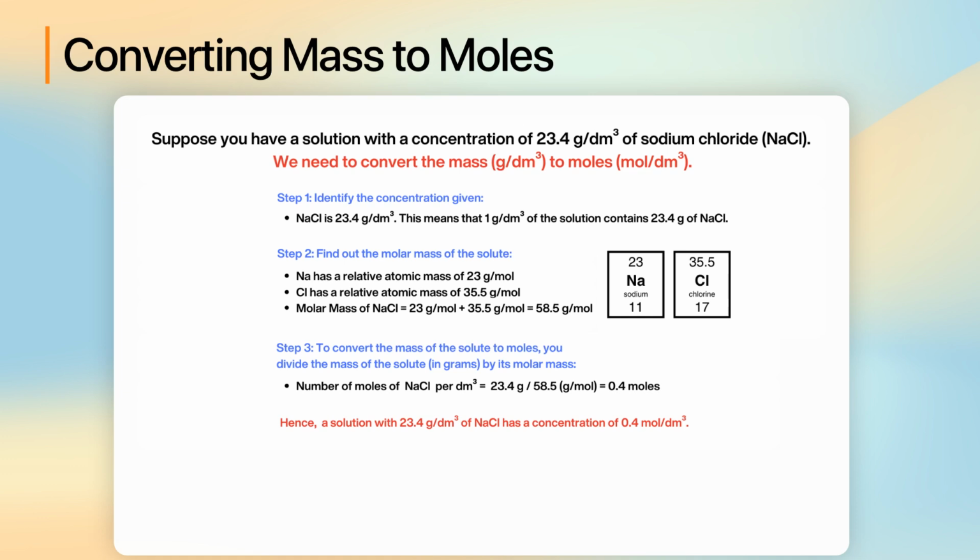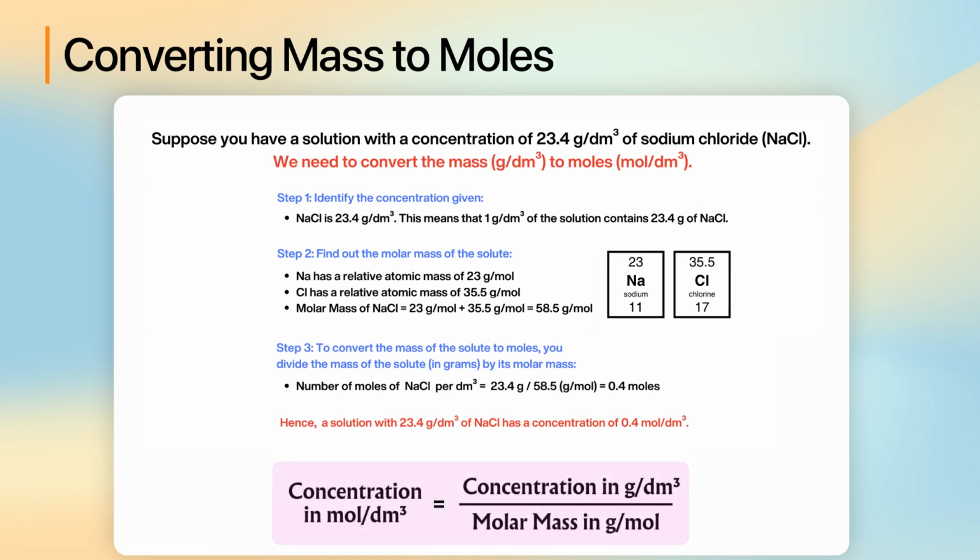Hence, a solution with 23.4 grams per decimeter cubed of sodium chloride has a concentration of 0.4 moles per decimeter cubed. This can be summed up into one equation. Concentration in moles per decimeter cubed is equal to concentration in grams per decimeter cubed divided by molar mass in grams per mole. We can also do the opposite conversion.